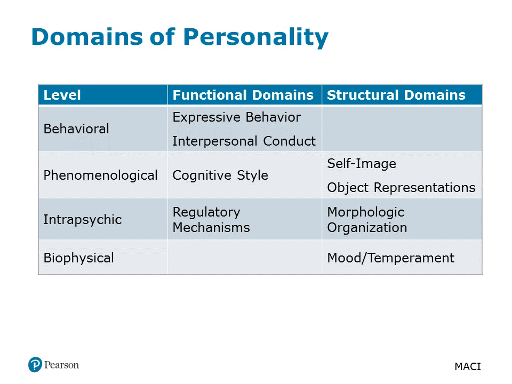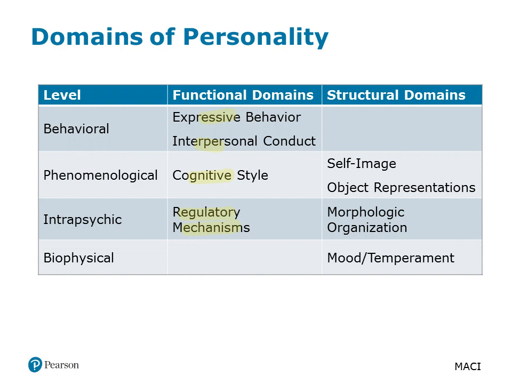So theoretically, each personality is expressed through 8 domains. 4 of these domains, expressive behavior, interpersonal conduct, cognitive style, and regulatory mechanisms, are described as functional domains. They're called functional because they really represent modes of regulatory action, so things that we do.